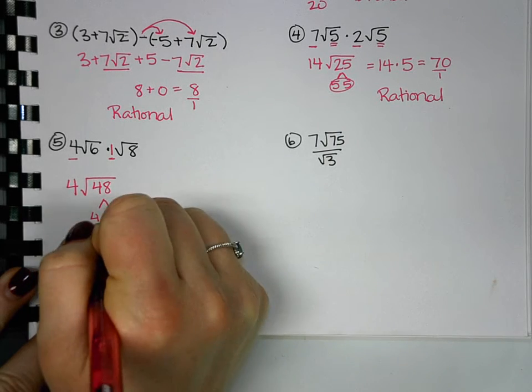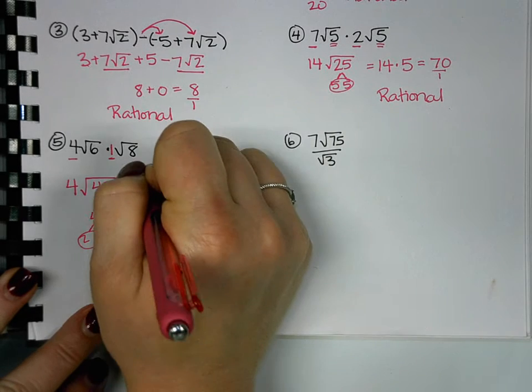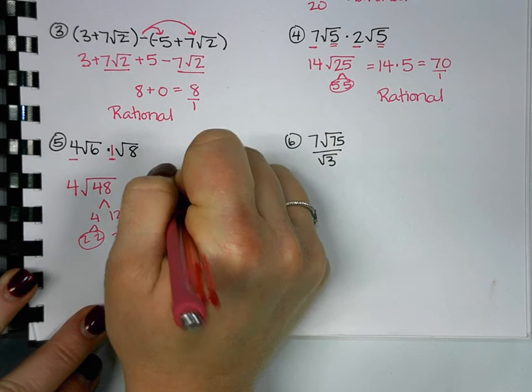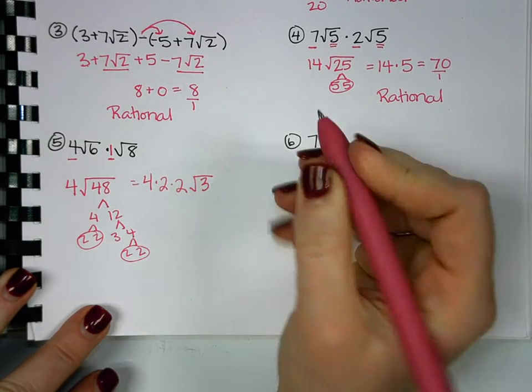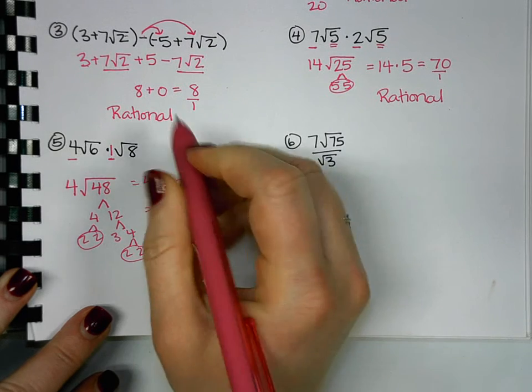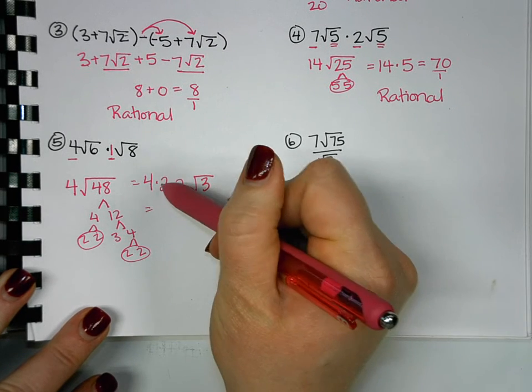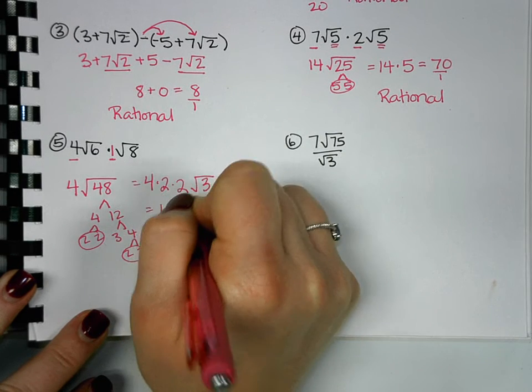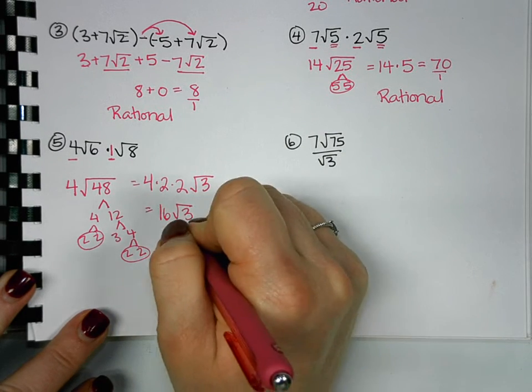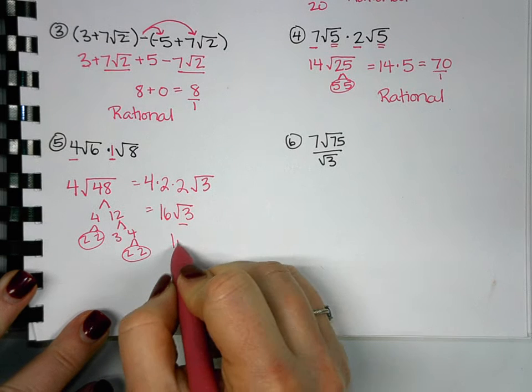So I have 2 pairs of 2's. So the 4 that's already out there, and a 2 for each pair, with a square root 3 left over. So when we finish simplifying this, 4 times 2 is 8, 8 times 2 is 16. So we have 16 square root 3. We still have a radical, so it's irrational.